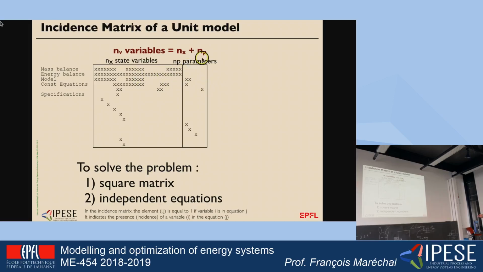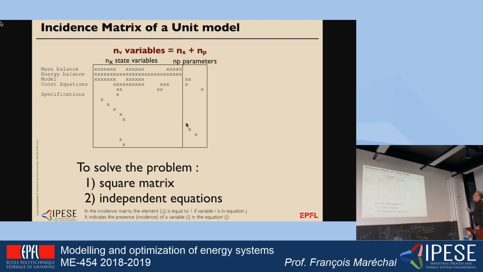So for example, here I have the parameters of the units. The parameters of the units will only appear in the modeling equation of the unit. But they can also appear, for example, in the specification. So if I'm going to say that the area is fixed, then I will have a cross here, which defines the specification of the area.